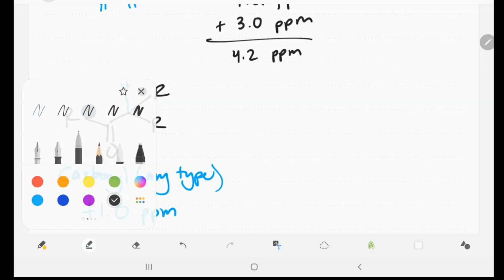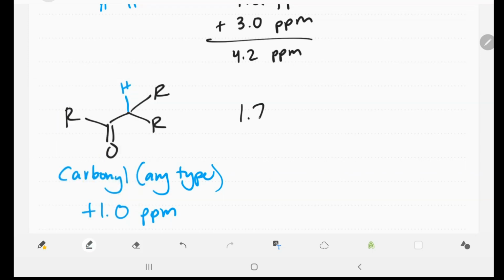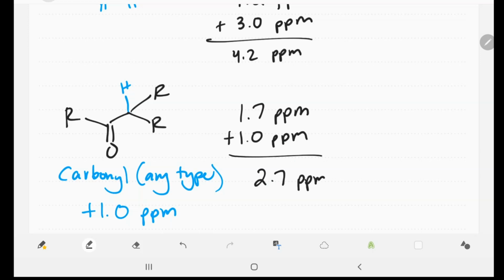So that ends up starting us at 1.7 because we have a CH. Plus 1 puts us at 2.7. And so that's where we would expect that hydrogen to show up. All right, so that's stuff next to oxygens.